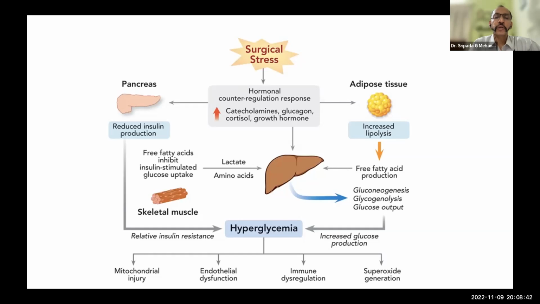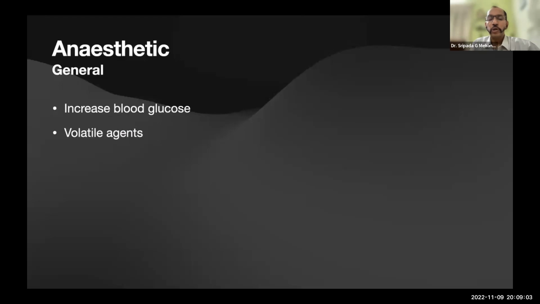So blood sugar rises, free fatty acids rise, there is hyperglycemia, and injury to the myocardium, mitochondria, endothelium, immune dysregulation, and superoxide generation, in the end leading to damage to the body, and it has long-term consequences. Therefore, it is our concern to regulate the blood sugar level during the surgery.